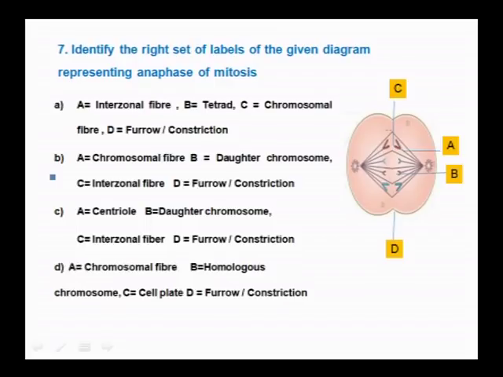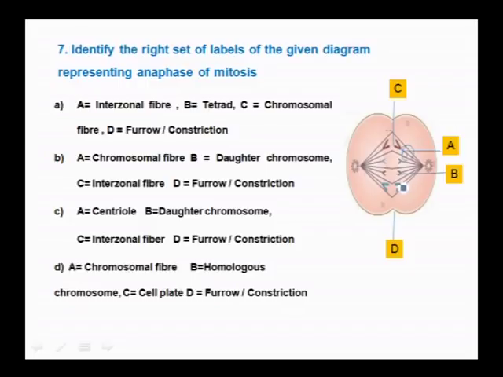Next, we will move on to the 7th question. We are supposed to identify the right set of labelings for the given diagram. The labelings are indicated as follows. Let me get into the details of this picture. This picture is indicating the stage of anaphase. Label A is indicating the spindle fiber associated with the daughter chromosome.